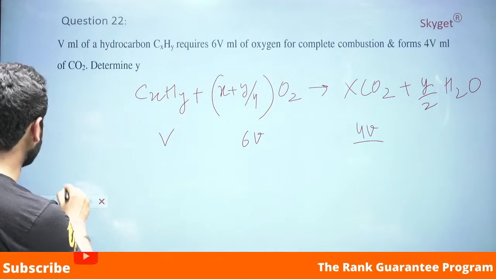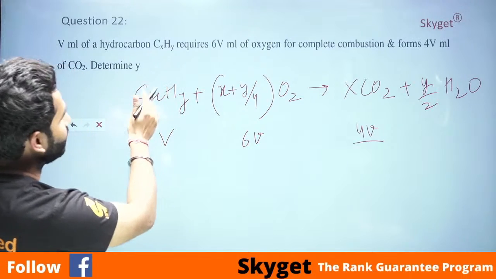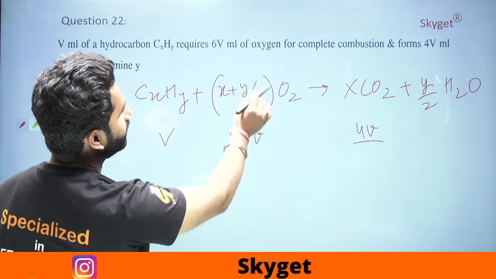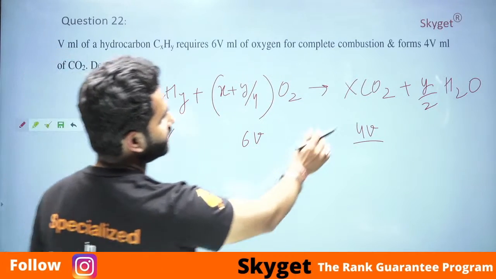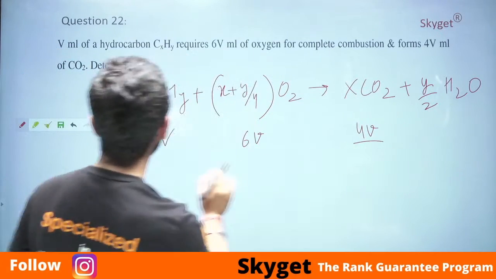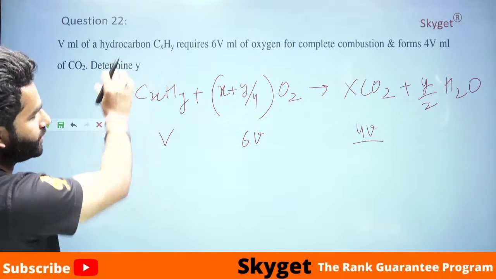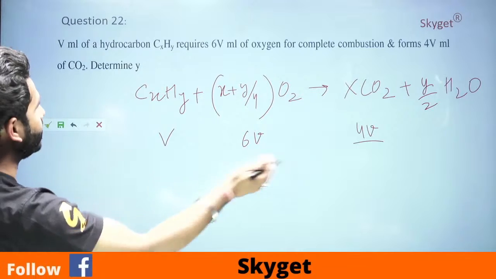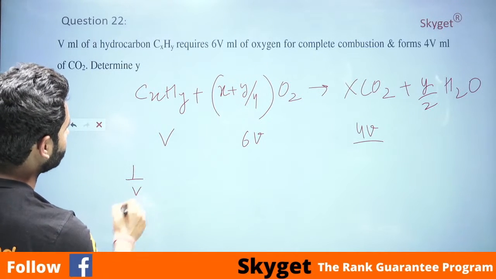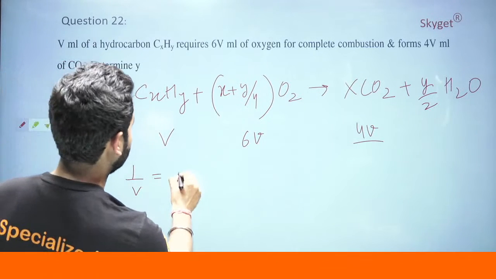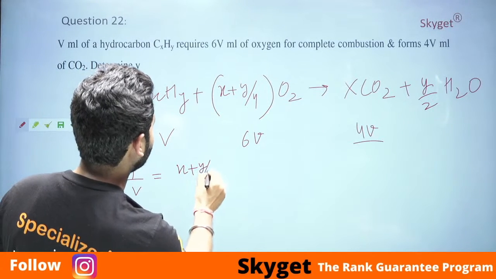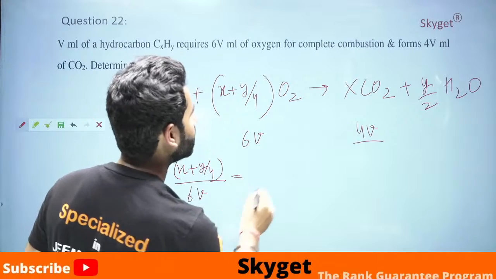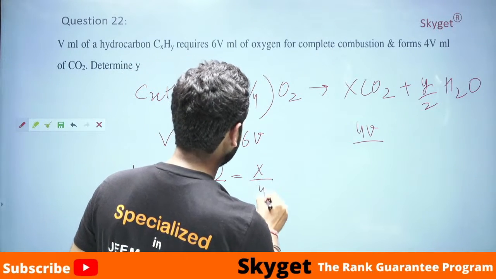Here we will use the mole ratio analysis. How? We have stoichiometric coefficient 1 in this case, X plus Y by 4 with the volume 6V, and X with the volume 4V. We will take the ratio of stoichiometric coefficient to the volume of each compound and equate it. See, 1 by V equals X plus Y by 4 divided by 6V equals X by 4V.